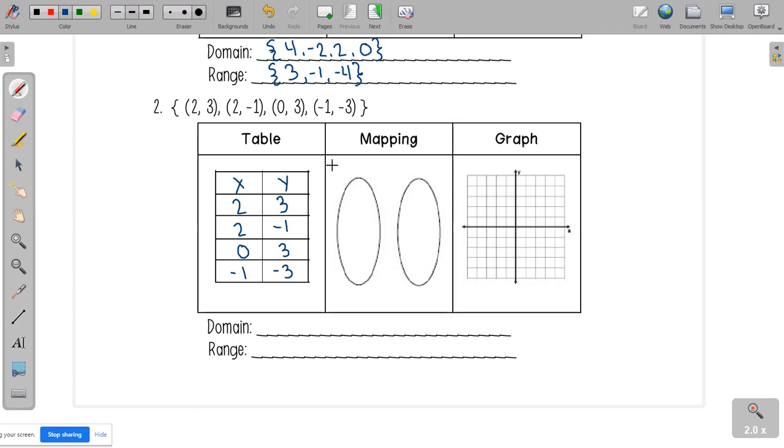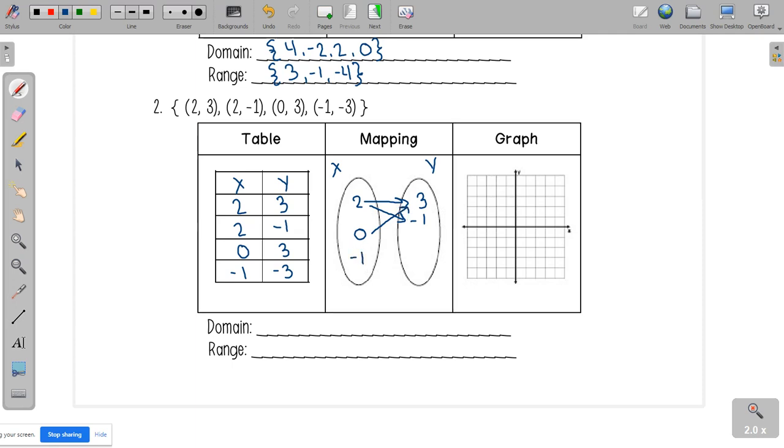Now let's represent it as a mapping. So first oval is x, second one's y. We get 2 to 3, so 2 gets mapped to 3. 2 to -1, so 2 gets mapped to -1. Then we have 0, 3, but we already have a 3, so the arrow goes up.